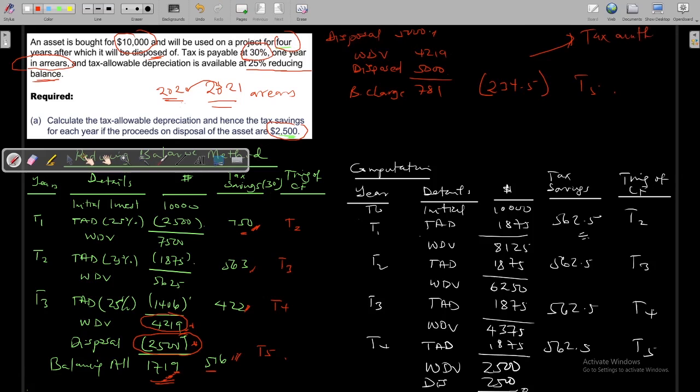It will no more be an allowance for the company to claim, but a liability that the company has to pay to the tax authorities.